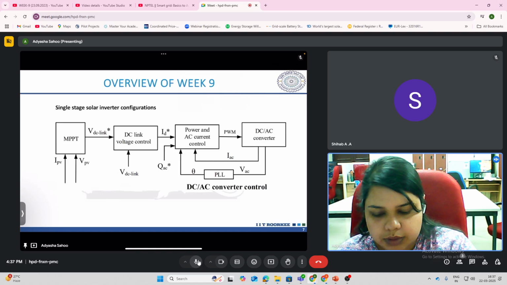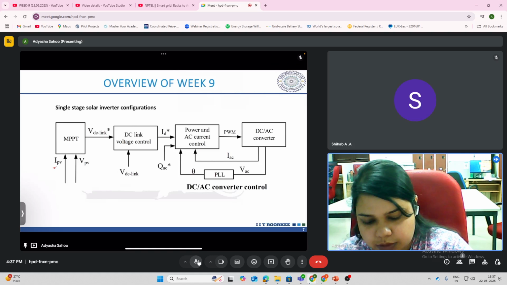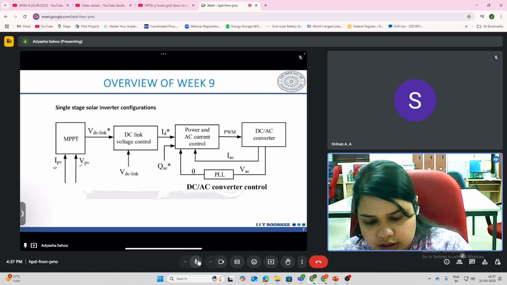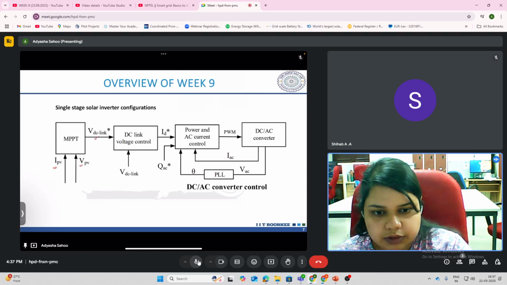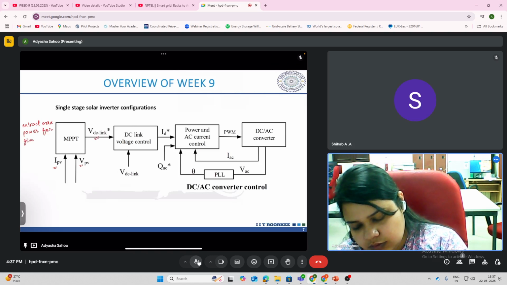What this MPPT algorithm does is it receives the voltage and current information from the PV panel, and then it decides what should be the DC link voltage to extract maximum available power for the given VPV and IPV.